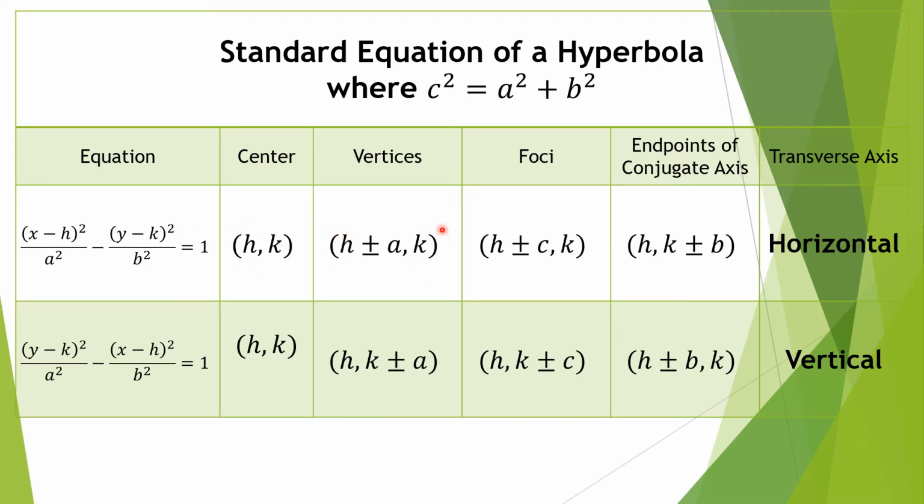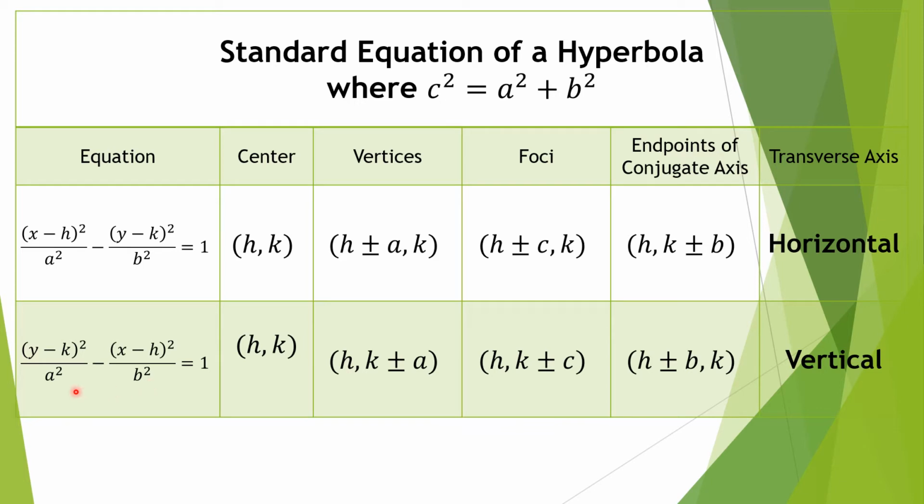To solve for the vertices, that is h plus or minus a, then k. For the foci, that is h plus or minus c, then k. And for the endpoints of the conjugate axis, that is h, then k plus or minus b. And the position of our transverse axis is horizontal.